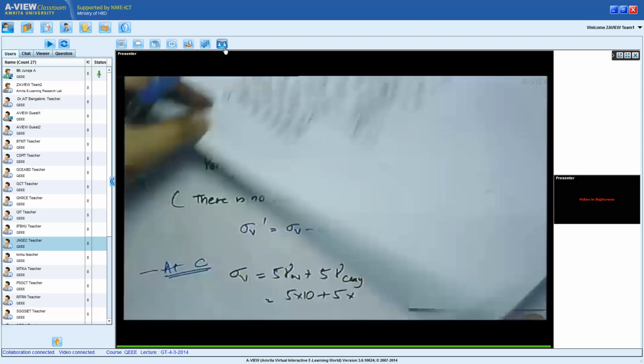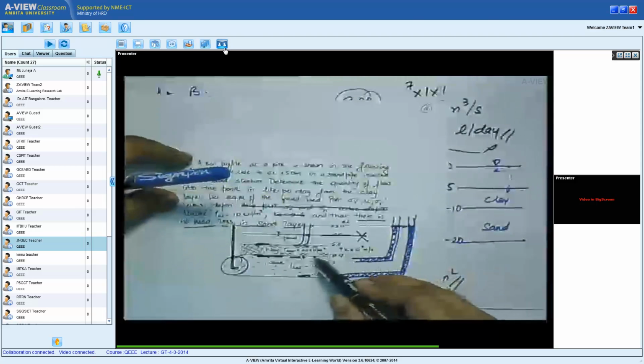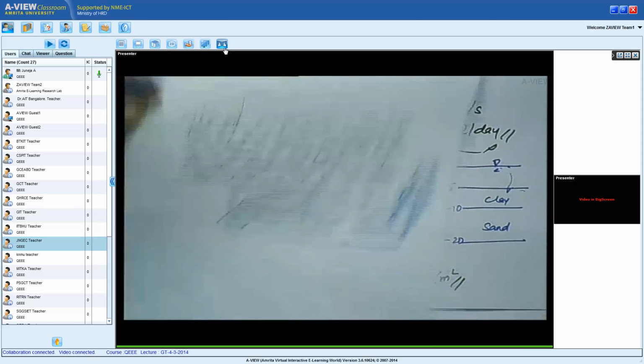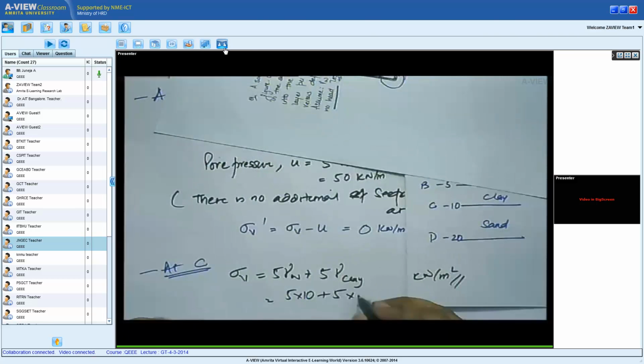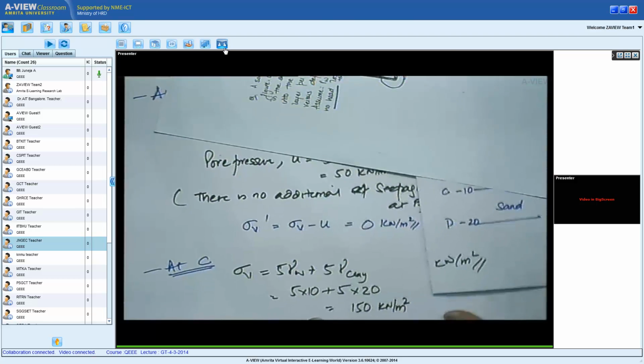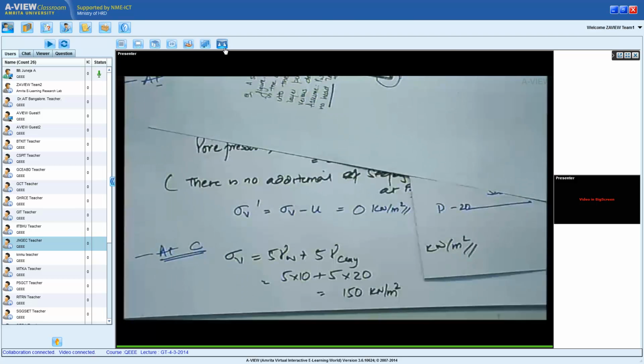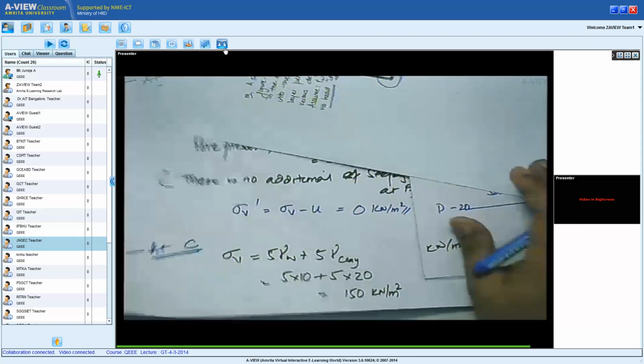Gamma clay is given as 20 kilonewton per meter cube. I'm going to multiply this by 20. If you plug in your numbers, you should have an answer which is 150 kilonewton per meter square or kilopascal. This is the total stress.